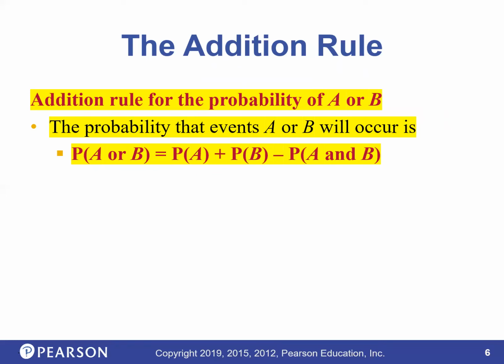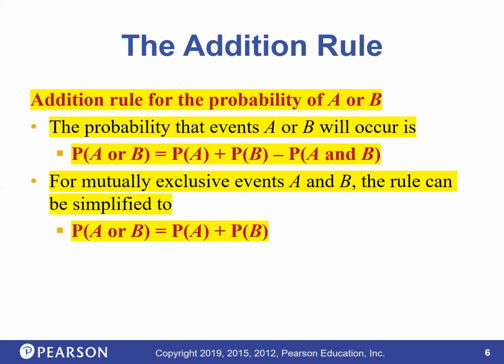Okay. And then we have this little disclaimer right here. If they're mutually exclusive, there is no overlap, then that last part is technically 0. So we can actually just figure out the probability of A happening or B happening by just adding them up.